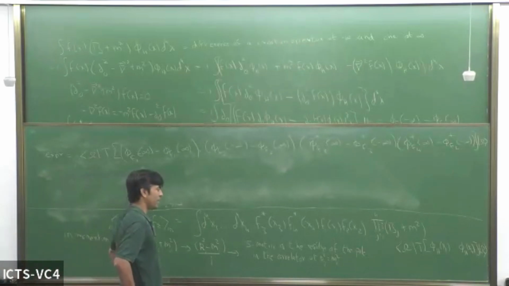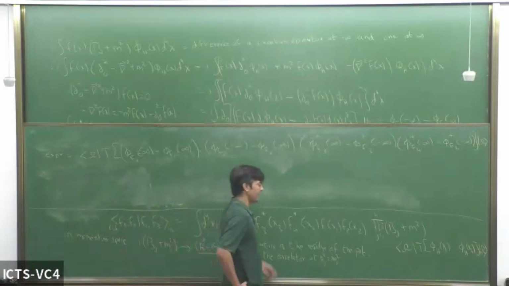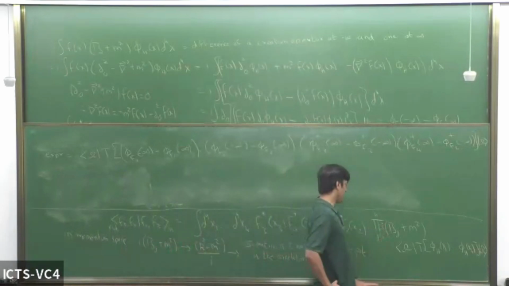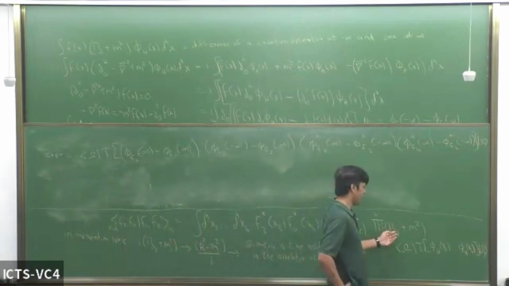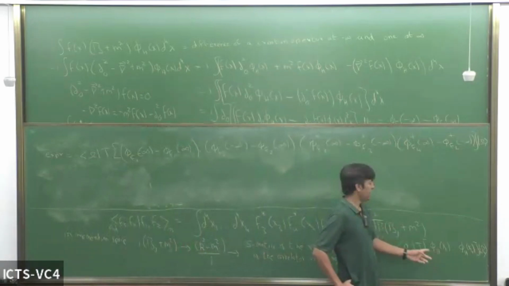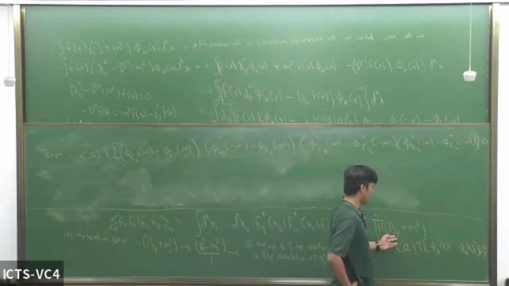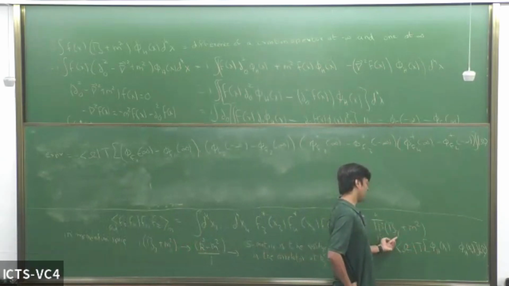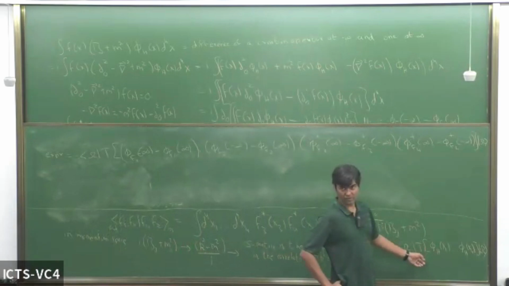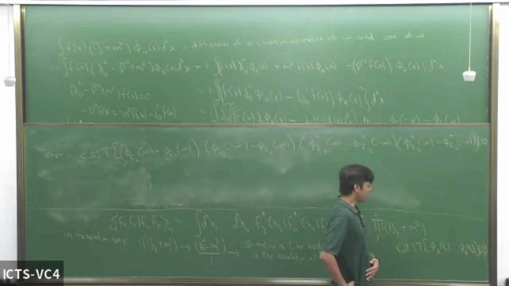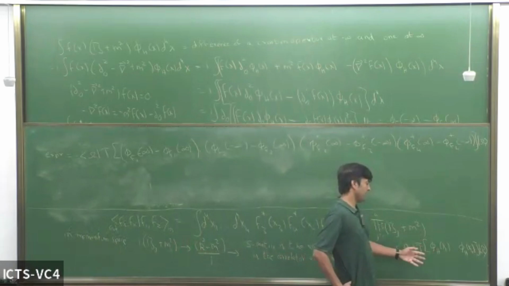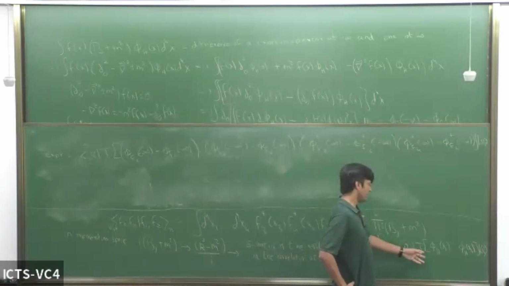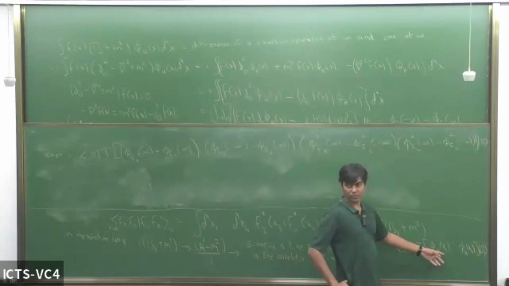You said something about the theta functions. All I was saying was that the result we derived was for f times the derivative of phi. However, what we have here is the derivative outside the time ordered product. So there is one part of this derivative that actually acts on the theta functions. That part, once you combine it with the commutator, will become like a delta 4 of x1 minus x2.